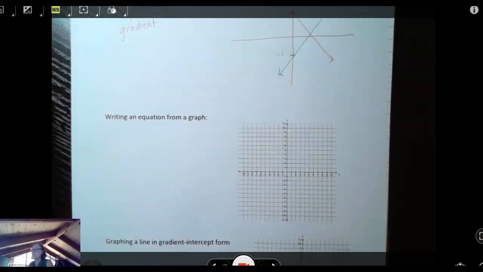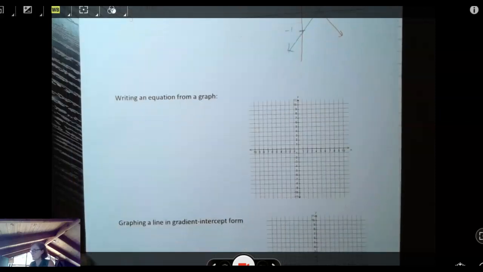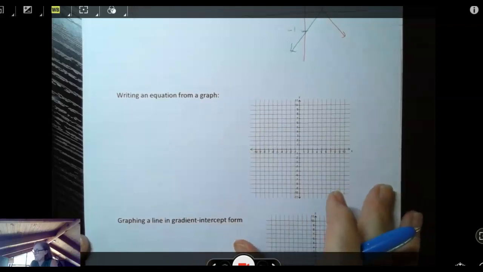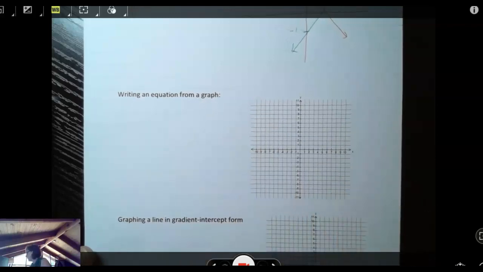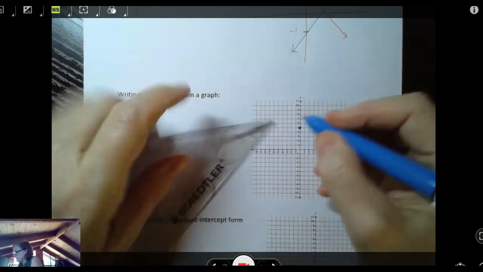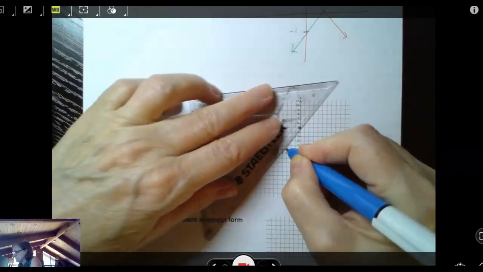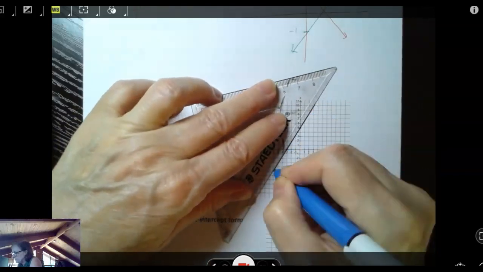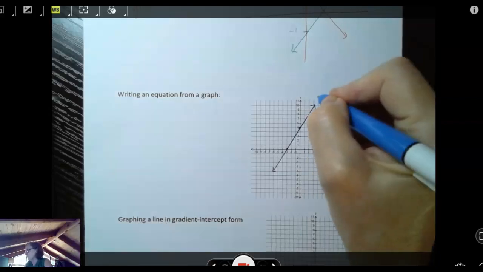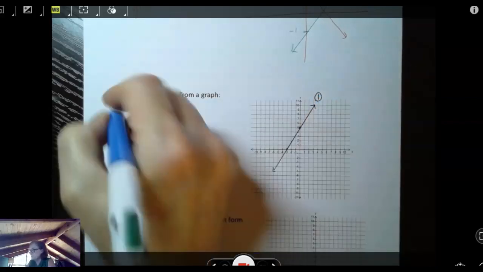Okay, so let's talk about how we're going to use this in our work. So, writing an equation from a graph. So let me put a graph on here. I'll just pick anything. That'll be my first one. It'll be number 1, we'll call it.